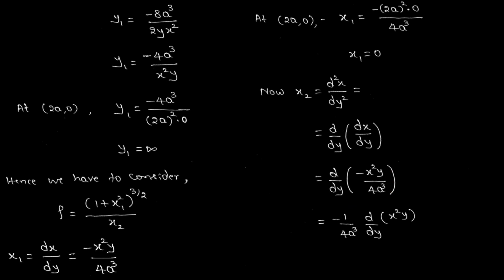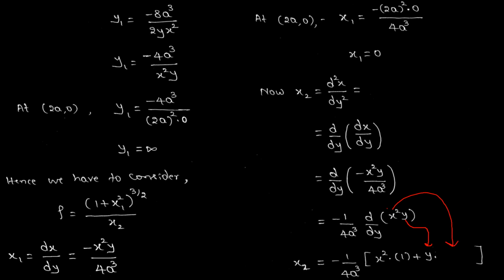Let us apply the product rule here to differentiate this. x square is the first function, y is the second function. x square as it is, differentiation of y with respect to y will be 1, plus y as it is, the second function as it is, differentiation of x square.